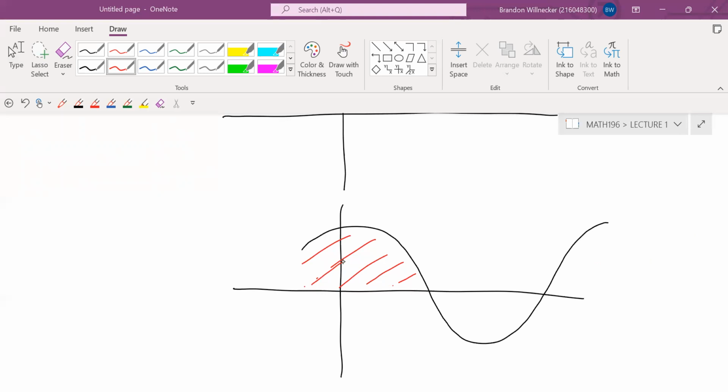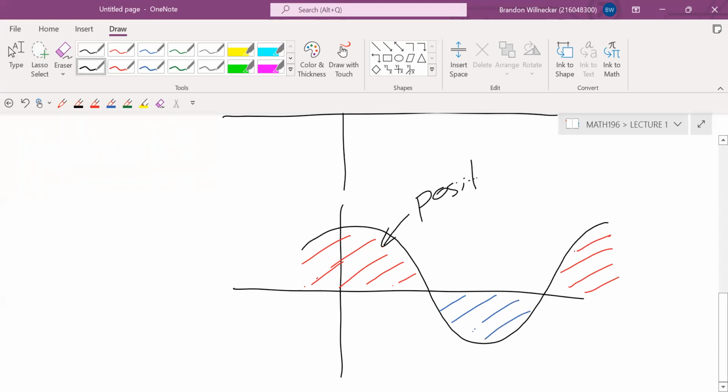We'll see exactly what that means. So here and here, we call that positive area. And then anything below, we call that negative area. So here, this is positive area. And here, this is positive area. And this below is negative area.